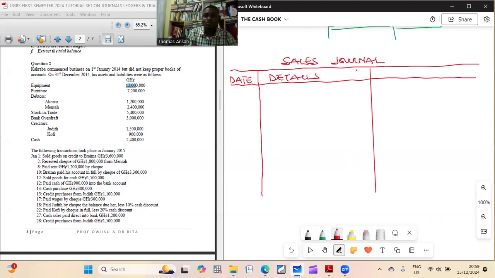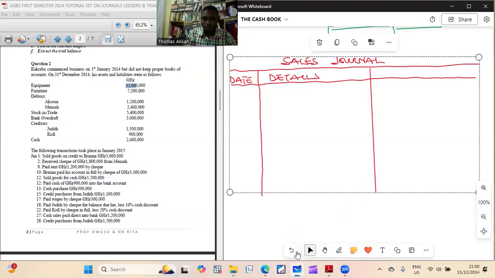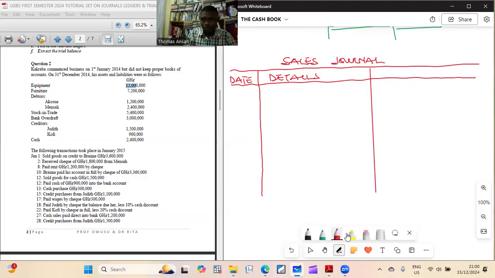You can choose to put in a ledger folio or a reference for the invoice numbers, but we don't have any of such in the question. So you can decide to ignore those ones. All right. Even this line, it looks big because I want to use it for the amount side.